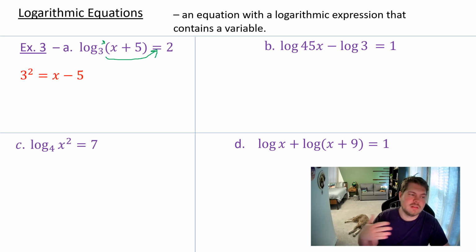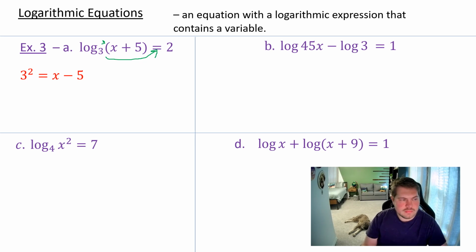You can go back to your notes for how logs work, but basically we're trying to figure out 3 to what power gives you x plus 5 equals 2, or x plus 5 equals 3 to the power of 2.